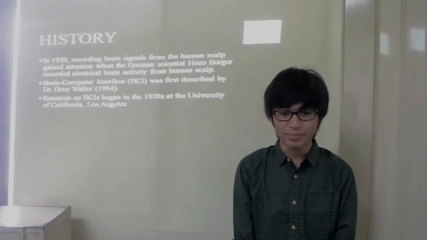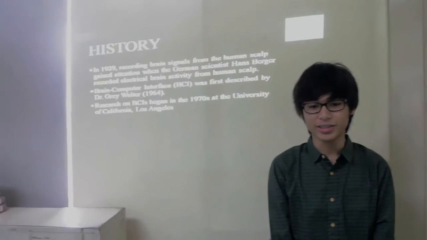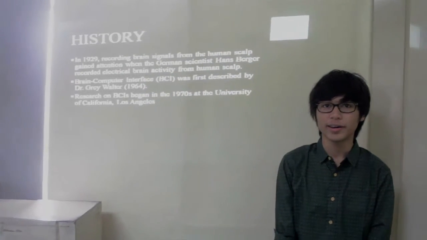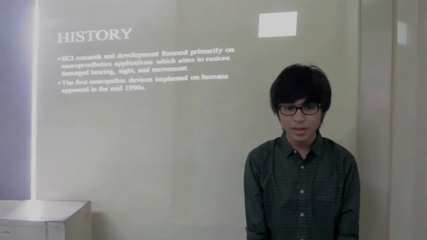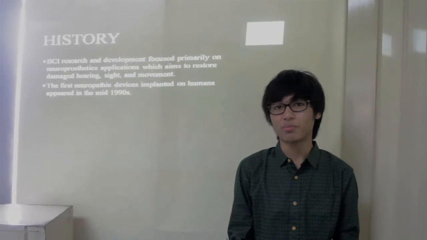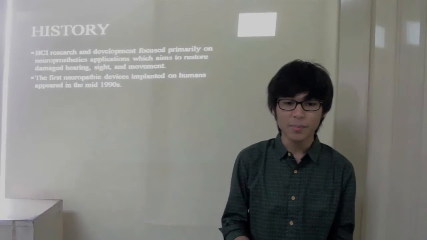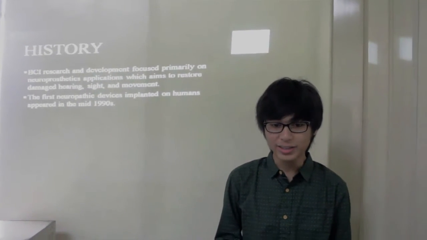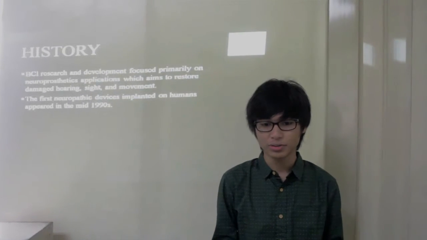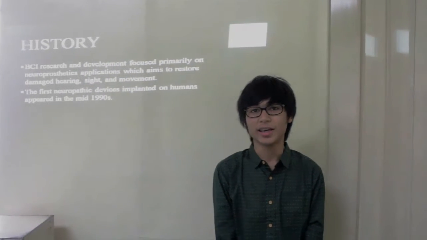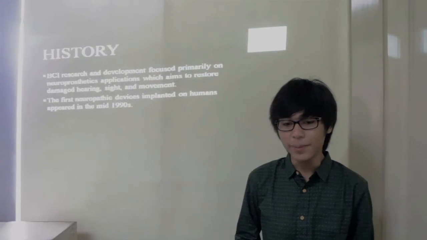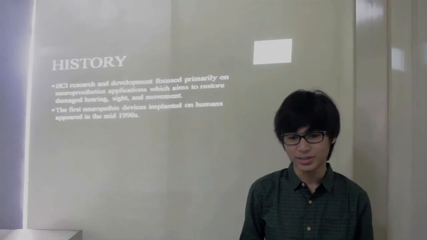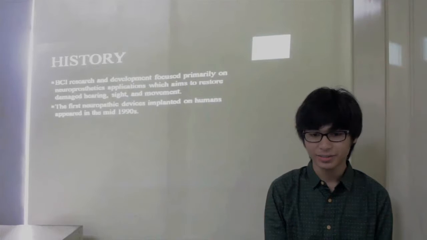Research on BCI began in the 1970s at the University of California, Los Angeles. BCI research and development focused primarily on neuroprosthetics applications, which aims to restore damaged hearing, sight, and movement. The first neuroprosthetic device implanted on humans appeared in the mid-1990s.